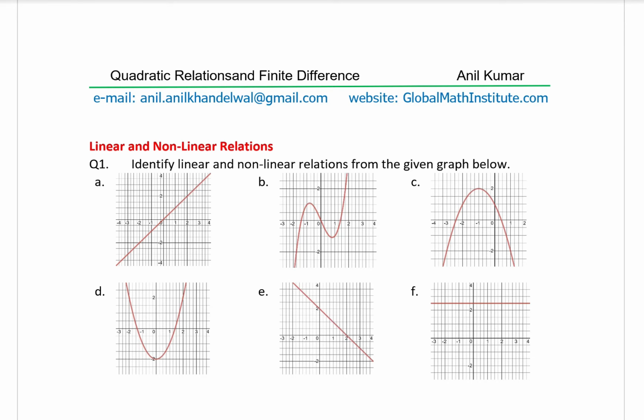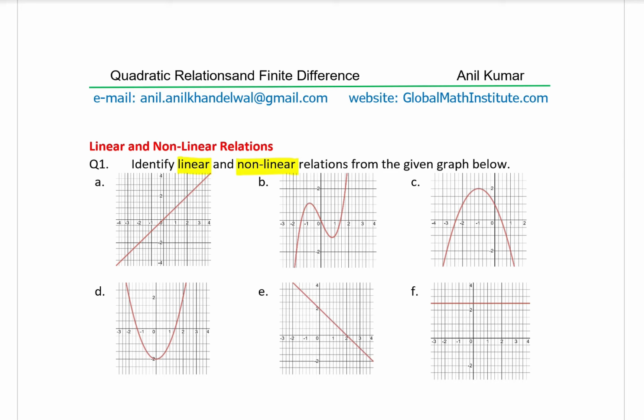Here we have a question for you. Identify linear and nonlinear relations from the given graph below. So the two terms which we are looking into are linear and nonlinear. Linear means a straight line, and nonlinear will be not a straight line.